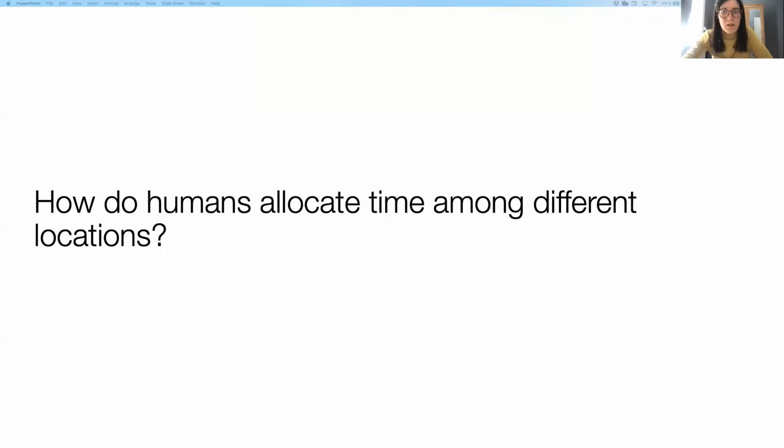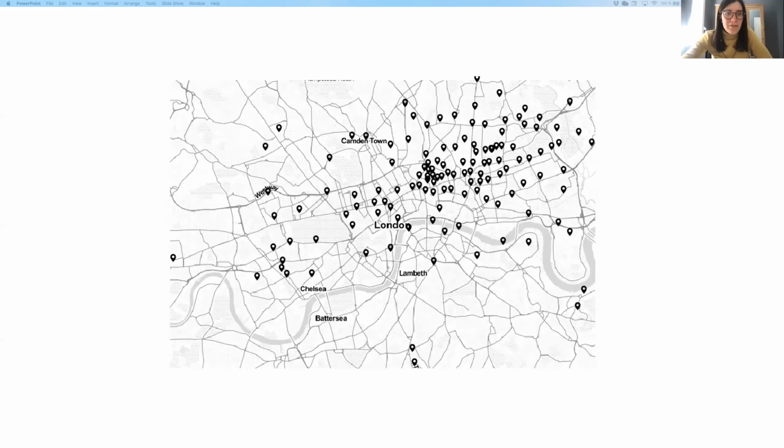The question we wanted to understand was: how do we allocate time among different places? If you think about it, here is a map of London, and I like to show it by starting with my own mobility when I was there. Each pin here is a place where I've been at least once.